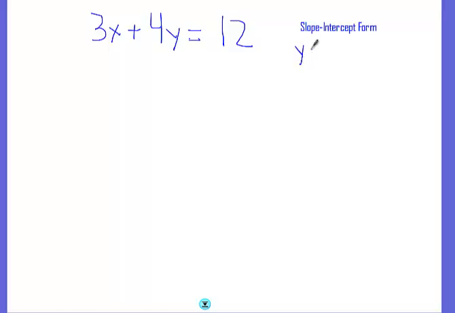So if you remember from your younger years back in algebra 1 and even geometry, which you should have taken last year, or you might be taking it right now, your equation is y equals mx plus b. The two things we really need to pay attention to are m, which is the slope, and b, which is our y-intercept.